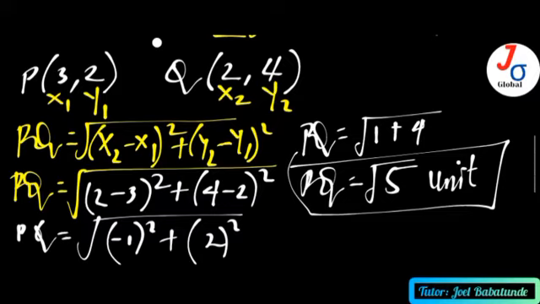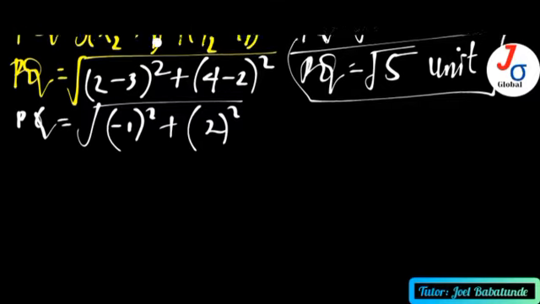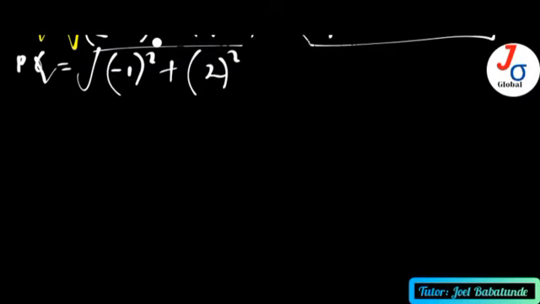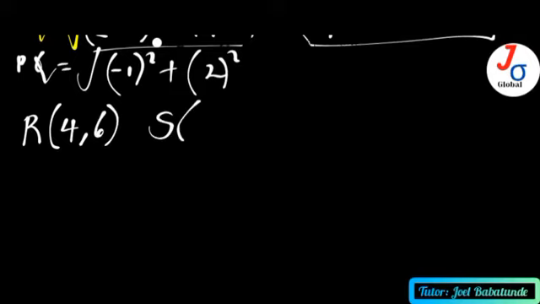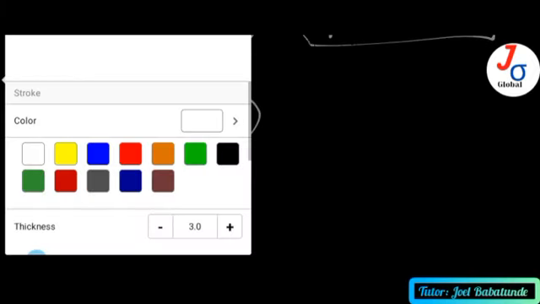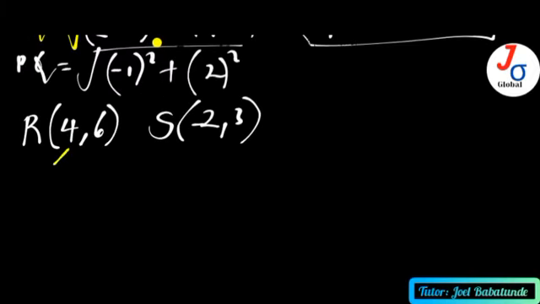Alright, let's see another example. Let's say point R is 4, 6, and point S is minus 2, 3. Alright, so we have x1, y1, x2, y2.